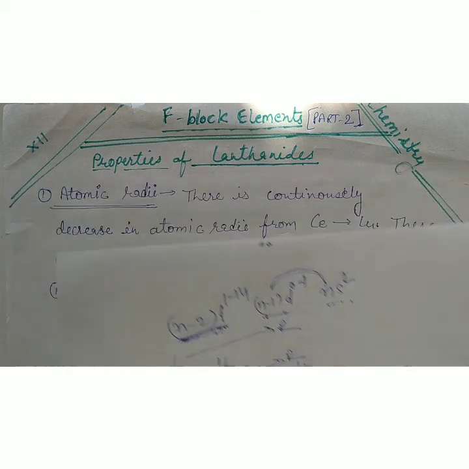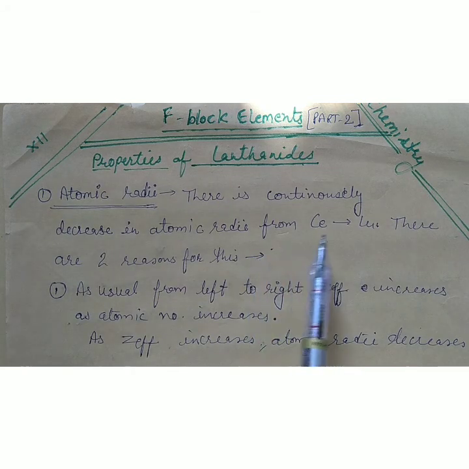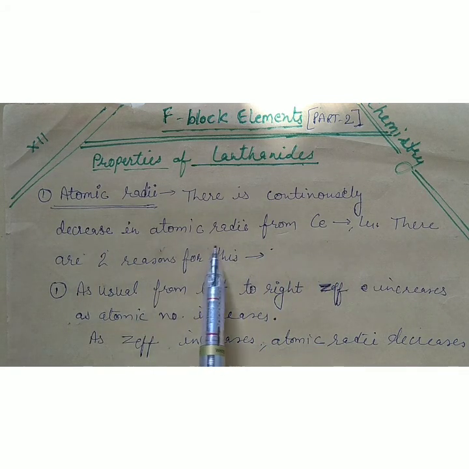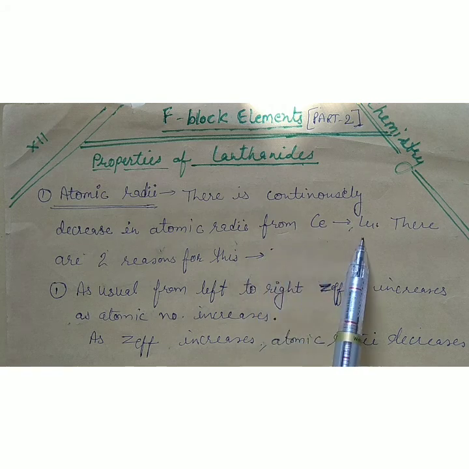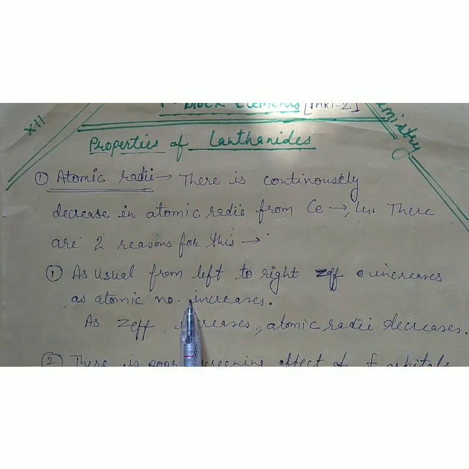Let's see that there is continuous decrease in atomic radii from Ce to lutetium, because there are two reasons for this. As usual, from left to right, Z effective increases as atomic number increases, and as Z effective increases, atomic radii decreases.